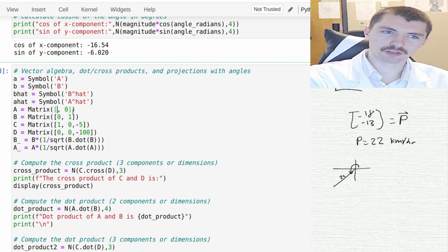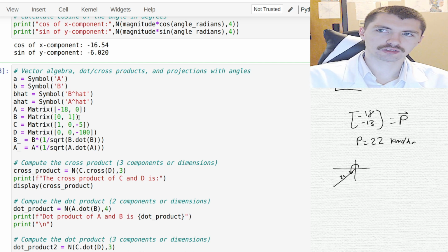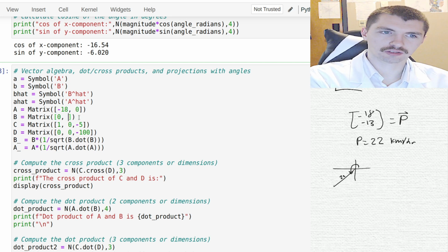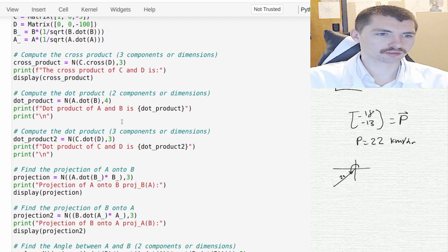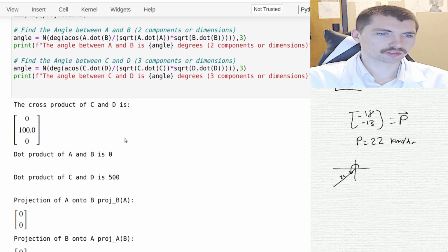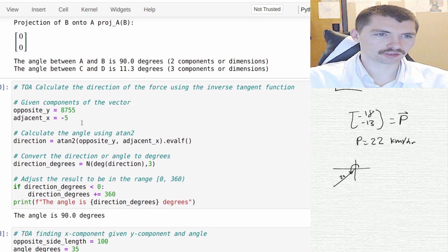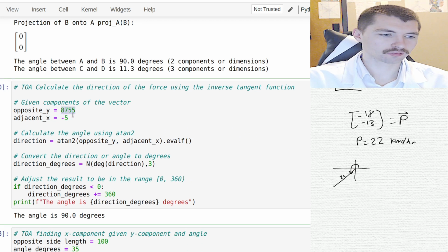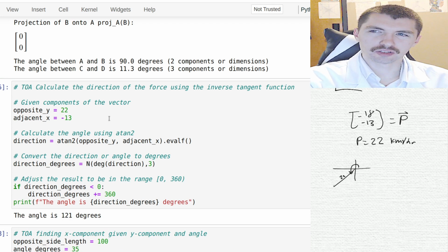Maybe I could do this. -18 dot, that wouldn't work. Given y, 22 adjacent, -13, 121 degrees. It's not right.